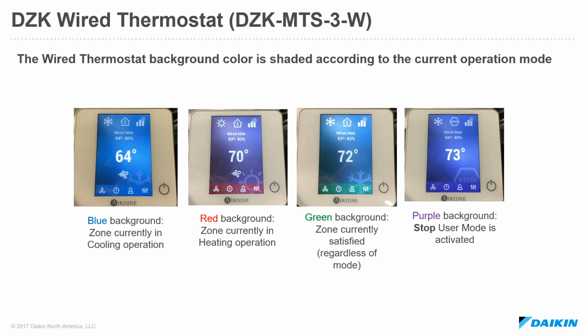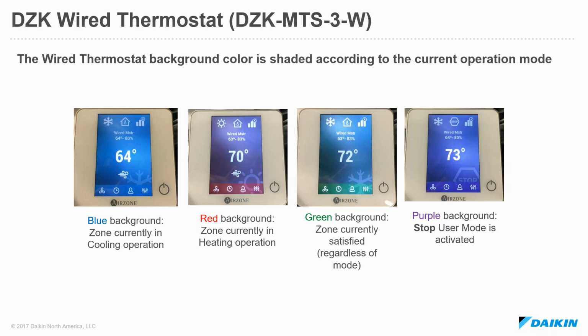In that case, when that zone is currently in cooling operation, the shade of that screen will turn blue. When the DZK in that particular zone is operating in heating operation, you can see that the mode icon changes to a sun. In that case, the background of the screen turns red.